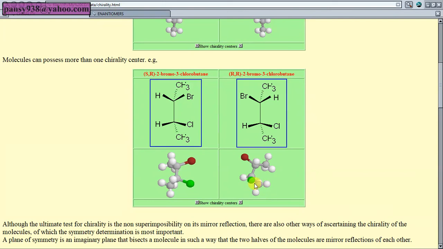So, although this is not the mirror image, this is a different compound and its isomer. They are both the isomeric forms.